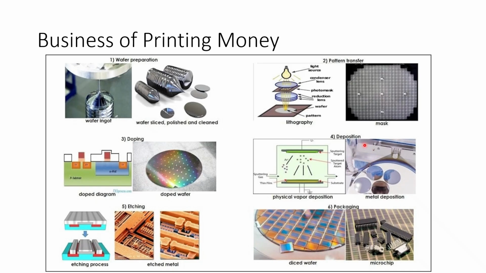There are deposition processes where materials are placed on the wafer surface, and there are etching processes where materials are removed selectively. And then there's packaging. After the devices are made, they can be packaged in a chip for use.